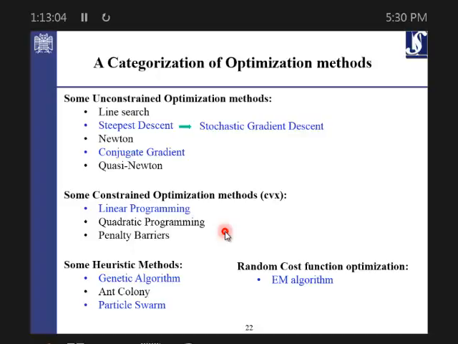For unconstrained optimization problems, we have line search, one of the basic optimization methods. We have steepest descent, and a stochastic version of that, which is called stochastic gradient descent. You probably face gradient descent in many problems.